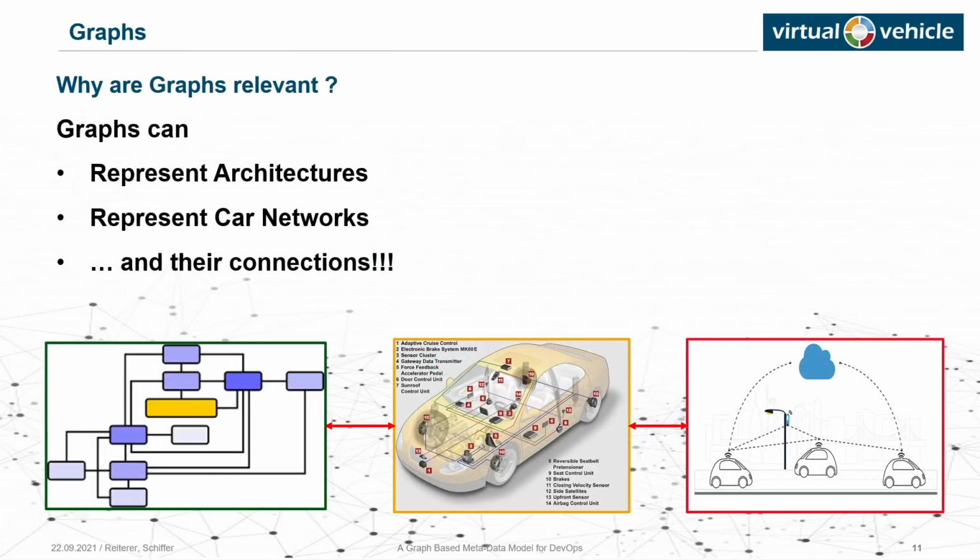Because they can represent architectures, represent car networks, and how everything is connected. So this gives us a great possibility, not only for structuring things up, but also for analysis on a large scale in the long run. This is the reason why graph models would be the thing to go.